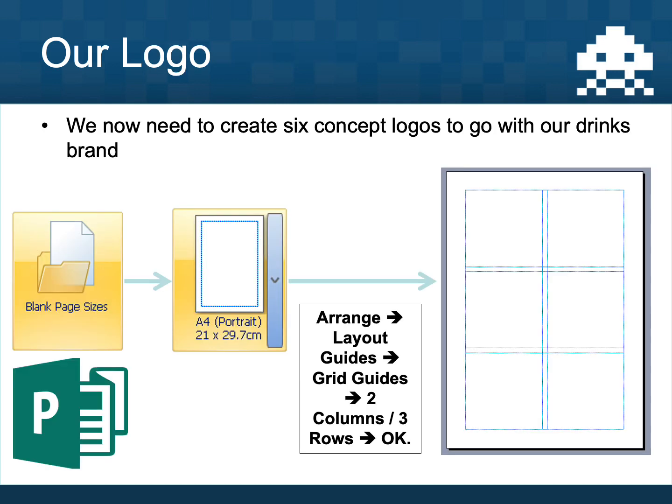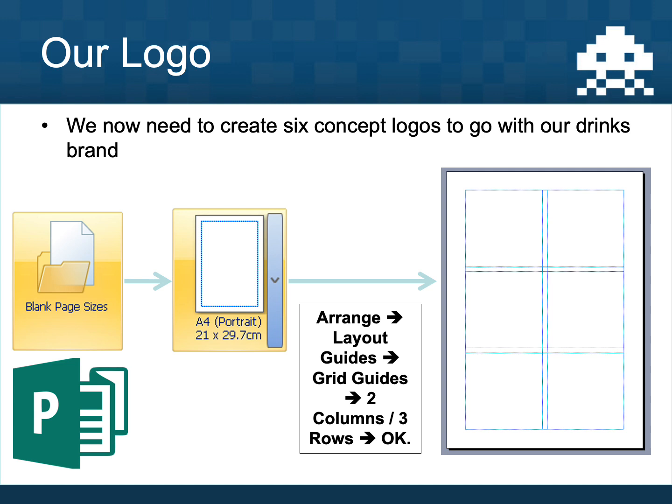We now need to create 6 concept logos to go with our drinks brand. Now, if we were doing this in school, we'd use Microsoft Publisher, we'd create an A4 page, and we'd then split the page into 6 boxes using a basic grid. As you're probably doing this at home, you need to be a little bit more creative, and you've got a couple of options. You could do this hand-drawn. You could draw this in your book.